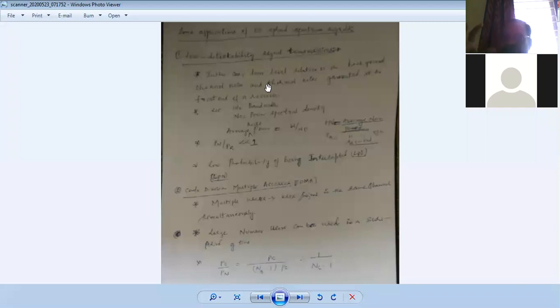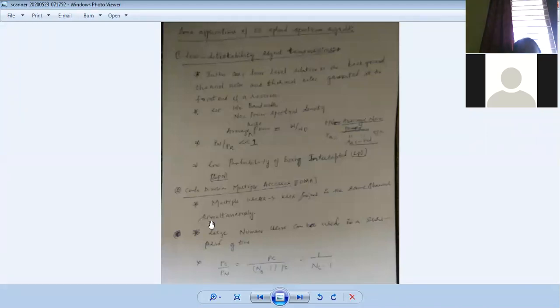When the transmitted signal uses a spread spectrum bandwidth with low power compared to the power of the channel noise and interference, we call it a low detectability signal. Generally P_N is the power of the noise in the channel and P_R is the power of the received signal. In order to detect the signal at the receiver, for coherent detection, P_N by P_R should be less than 1.